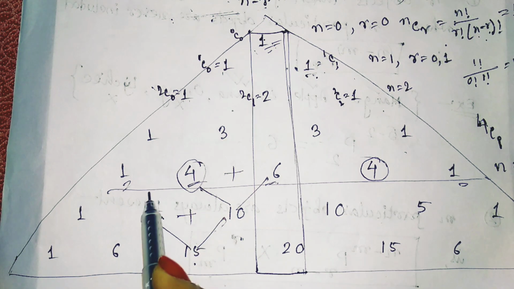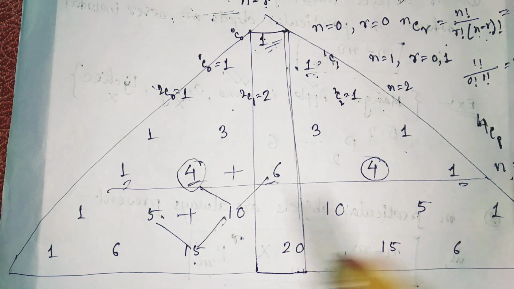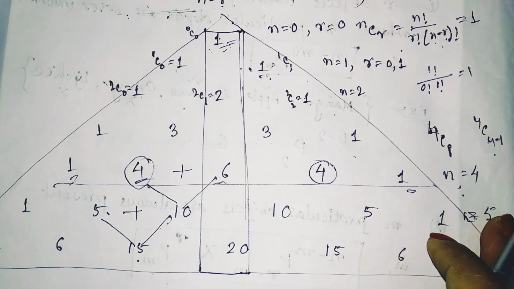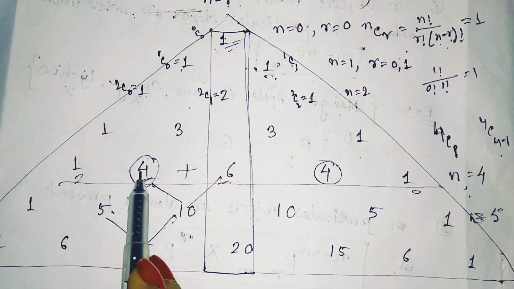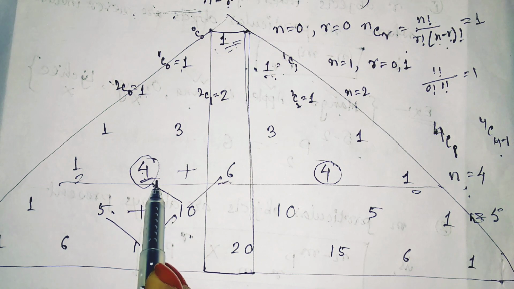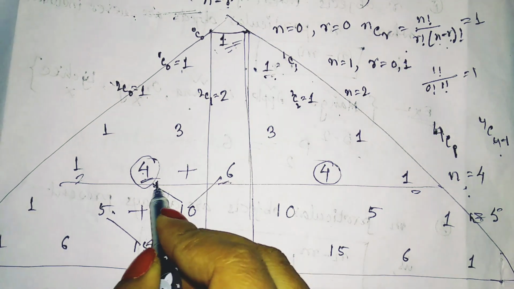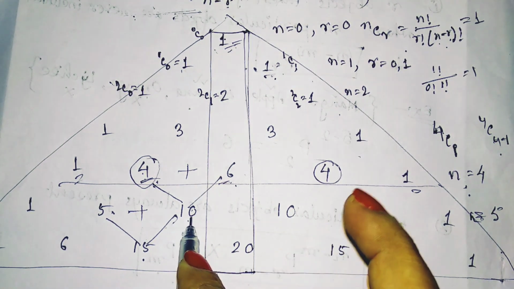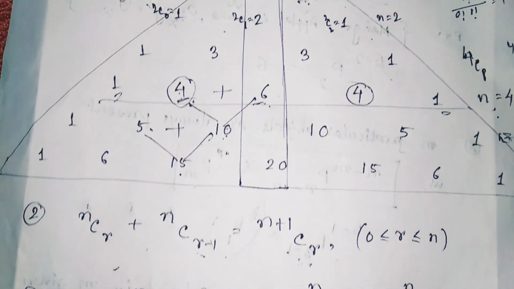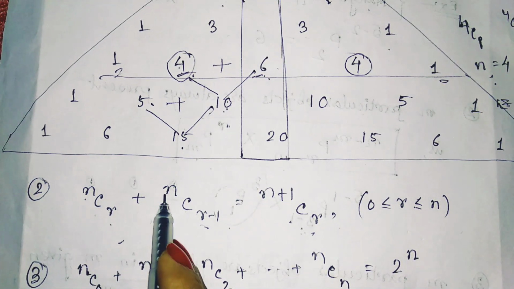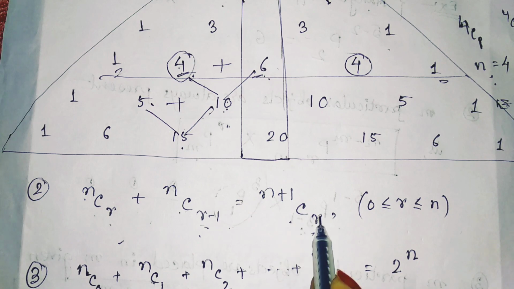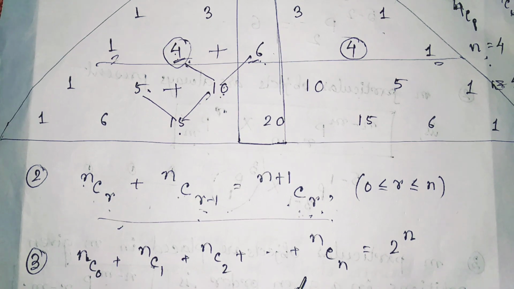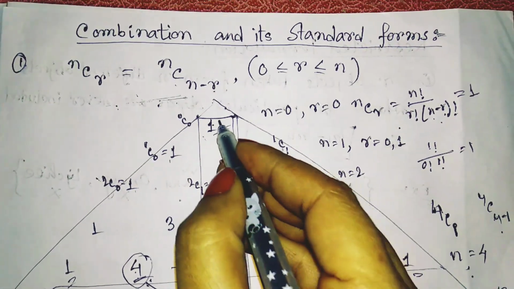If we consider this is the fourth row, the n value is 4, and here the n value is 5. In the fourth row it is 4C1 and 4C2. Its summation is 5C2. That's why we can write nCr plus nC(r minus 1) is equal to (n plus 1)Cr. It always happens.